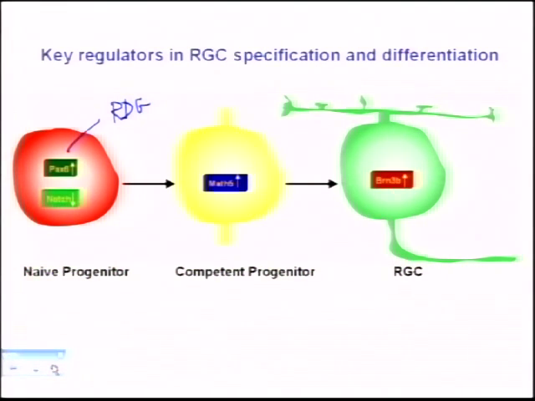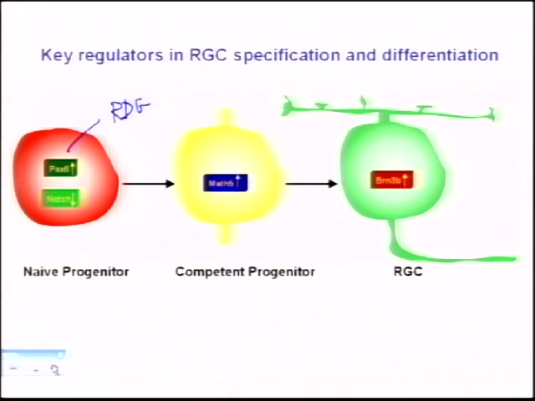Okay. So once the cell commits to this fate early on, you activate MATH5, this proneural factor, this BHLH factor MATH5. And when MATH5 goes up, you're going to have a cell that is able to move on to form a ganglion cell.